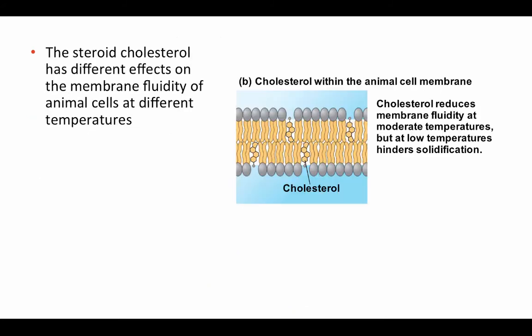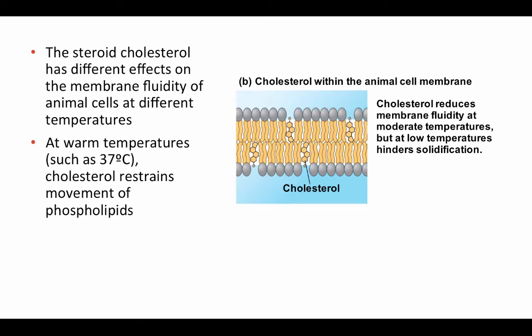Another thing that's going to affect the fluidity of these membranes is the presence of cholesterol. Cholesterol is present only in animal cells, and the effect of this cholesterol in the cell membranes is going to depend on the temperature.